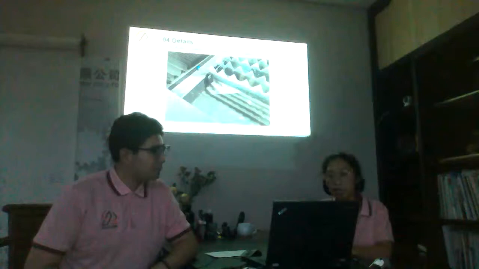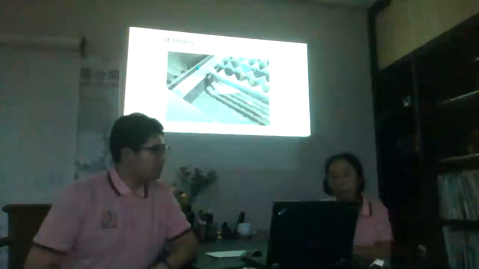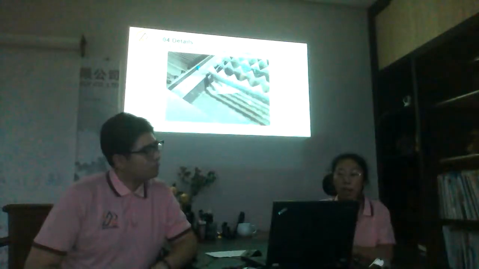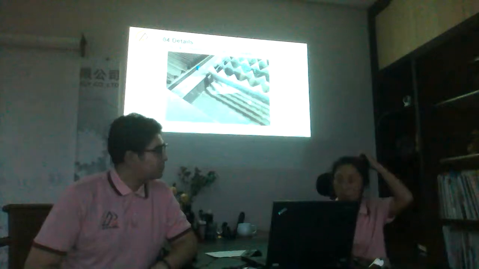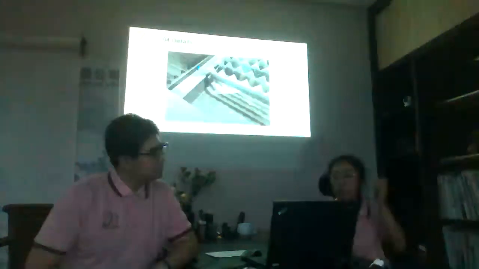Okay, next is the work table. In our work table, the knife is directly mounted on the bed, and it can avoid shaking, and the rocky road is very stable.